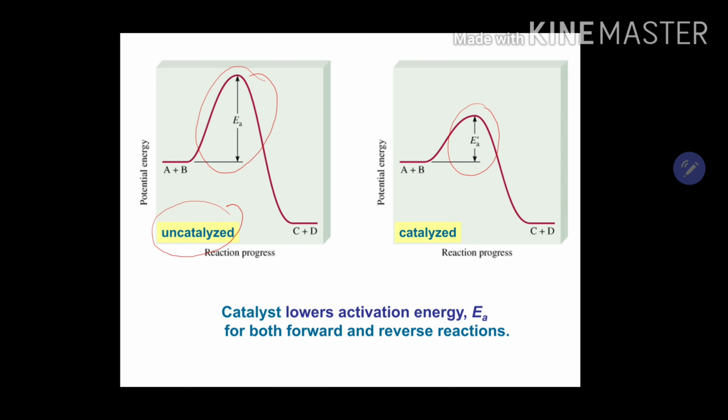So the catalyst lowers the activation energy for both forward and reverse reactions. Thus, the catalyst will speed up the rate of reaction for both.